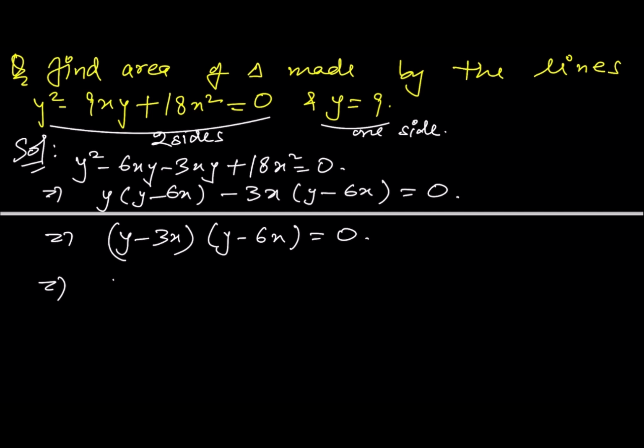So two lines are y is equal to 3x and the second one is y is equal to 6x.